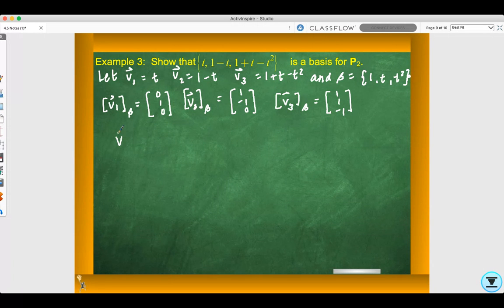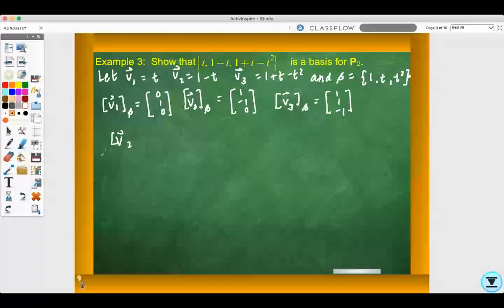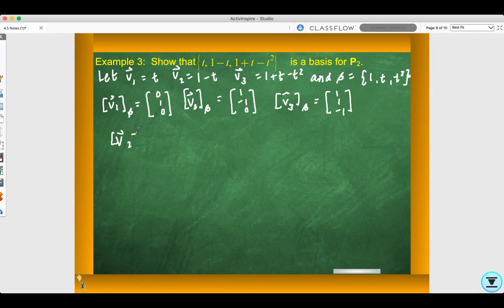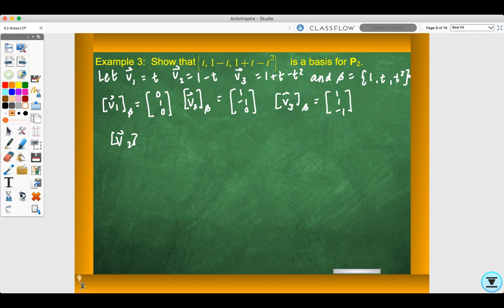Our second coordinate vector is not a multiple of our first one. And our third one is not a linear combination of the first two.